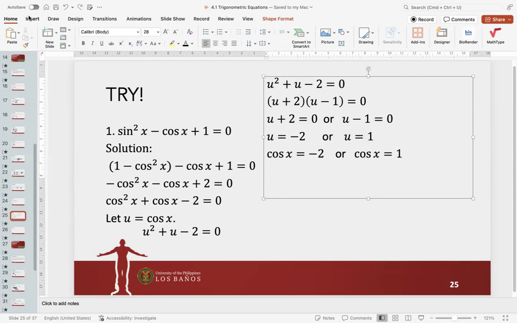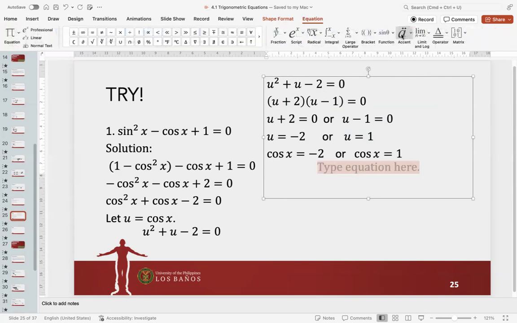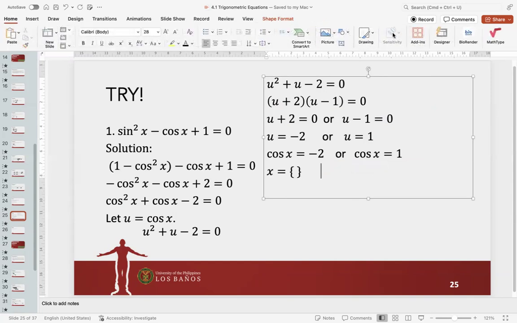So that means that for the first part, x doesn't have a solution, again because negative 2 is outside the range of cosine.